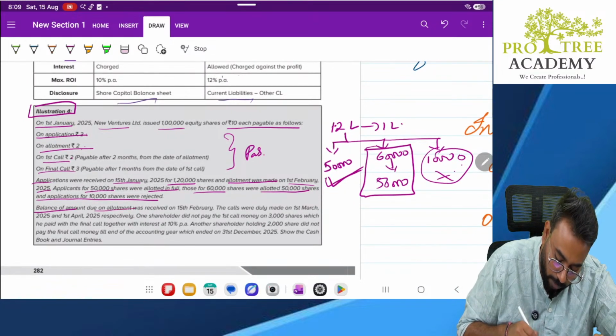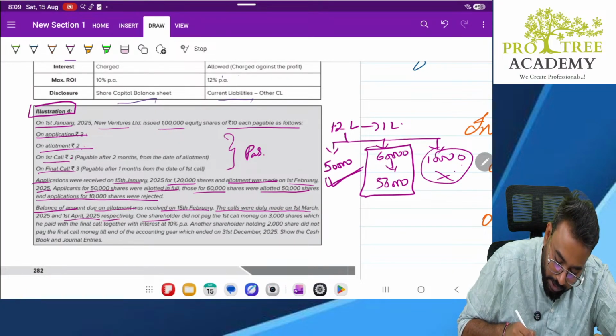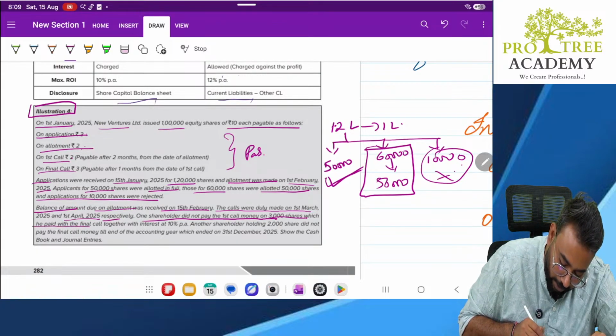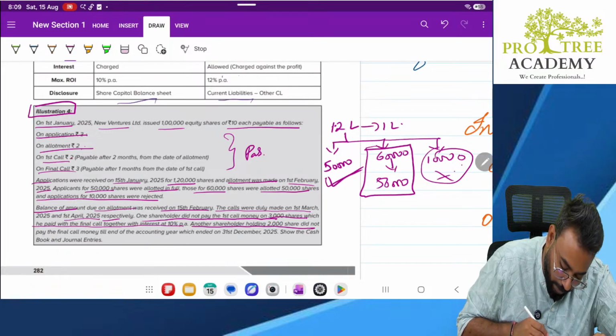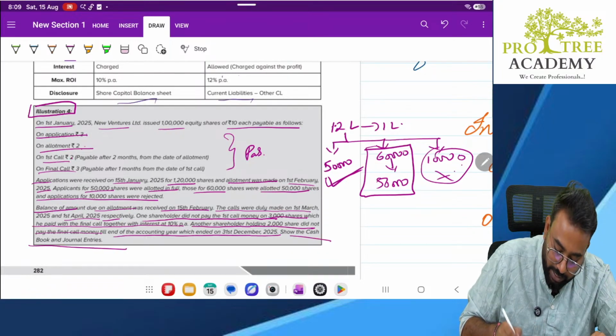Balance of amount due on allotment was received on 15th February. The calls were duly made on 1st March 2025 and 1st April 2025 respectively. One shareholder did not pay the first call money on 3,000 shares, which he paid with the final call together with interest at 10%. Another shareholder holding 2,000 shares did not pay the final call money till the end of the accounting year, which is 31st December 2025. Show the cash book and journal entry.